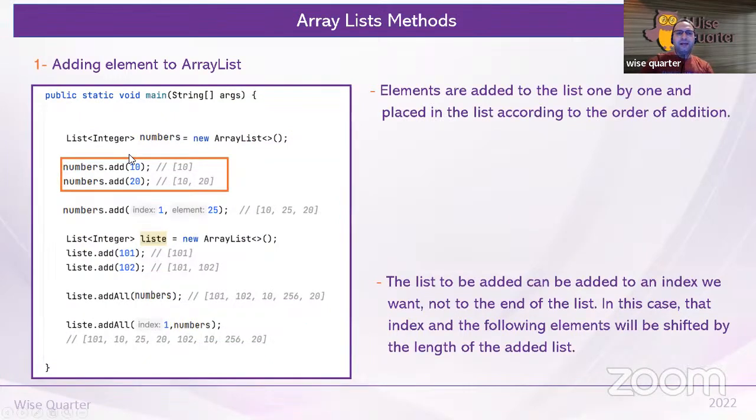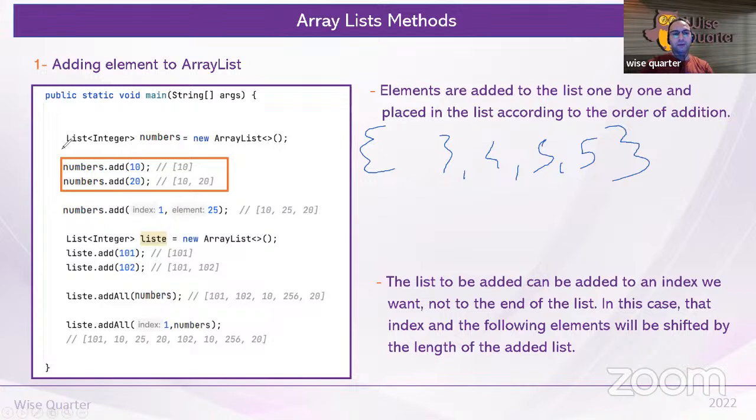But this one has a little disadvantage. When we create a list like this, for example, numbers, we have to add the elements one by one. In the arrays, we were able to use curly brackets to add a lot of different elements to an array.